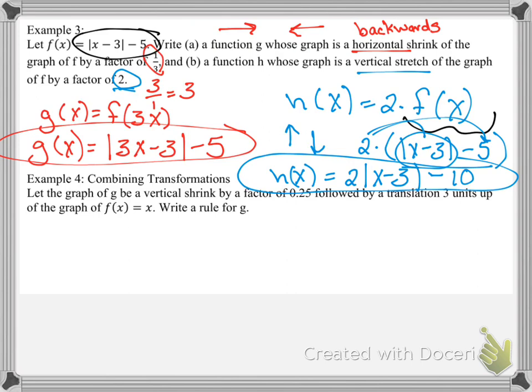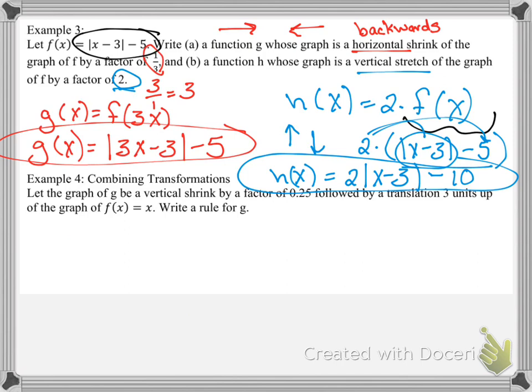Okay, all right, so combining transformations. It's extremely important when combining transformations to not try to do everything at once. Do one thing at a time. So here we're taking my parent function. Let the graph of g be a vertical shrink. We better label it vertical.